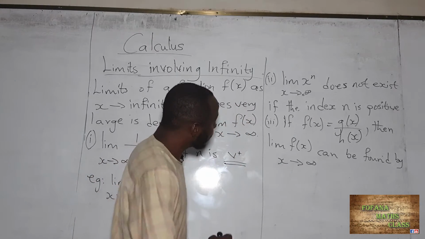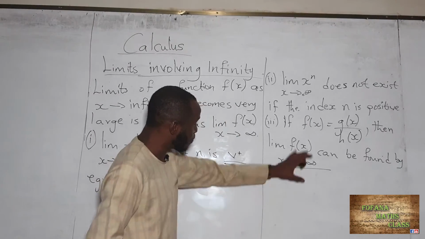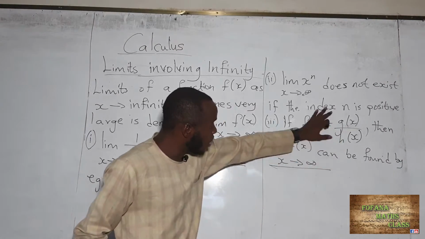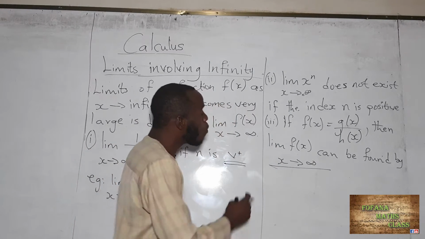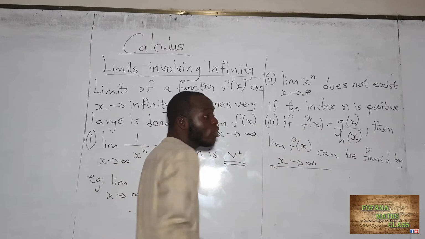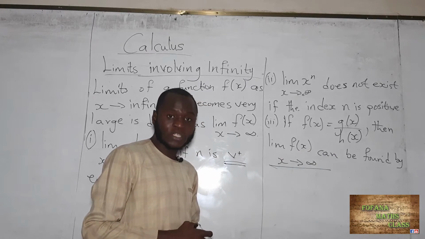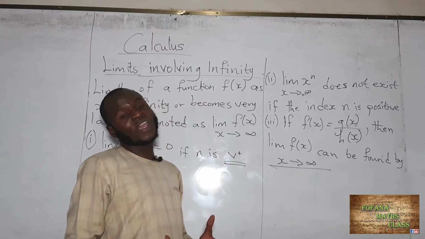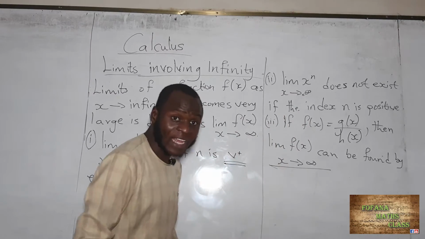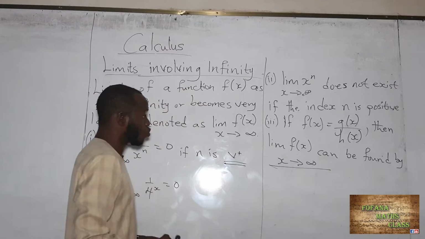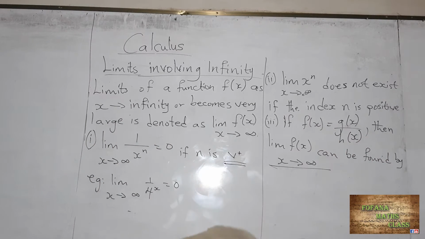The catch here is that if you solve it and cannot get a solution for that expression, then you have to divide both the numerator and the denominator by the highest degree of x involved in the expression. So if the highest degree of x is x to the power 3, you have to divide the whole expression by x cubed. Now we are going to look at a very quick example.